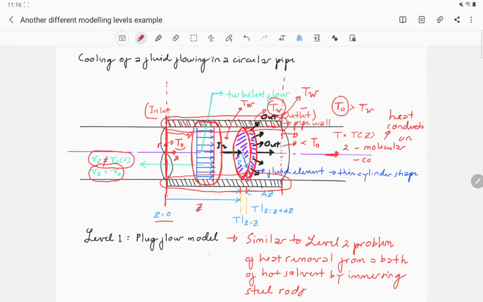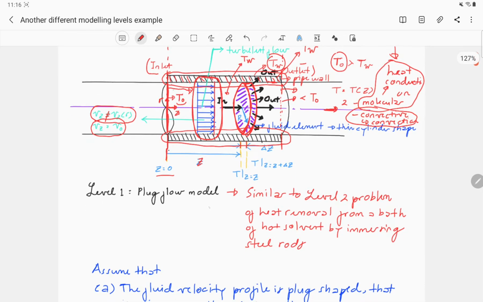The other one is the convective mode. This will be by the convection. The last assumption simply implies that this particular convective mode is much larger than this molecular heat conduction. So we can just ignore this particular heat conduction contribution.